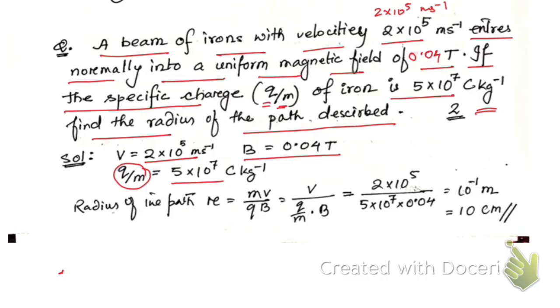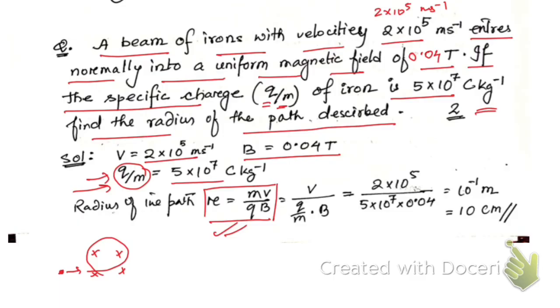When a charged particle enters a magnetic field normally, it takes a circular path, and the radius of that circular path is given by the formula R is equal to mv by qB. Here Q by M is given, so I have simplified the formula into this form: the M goes up and you get the same expression again.